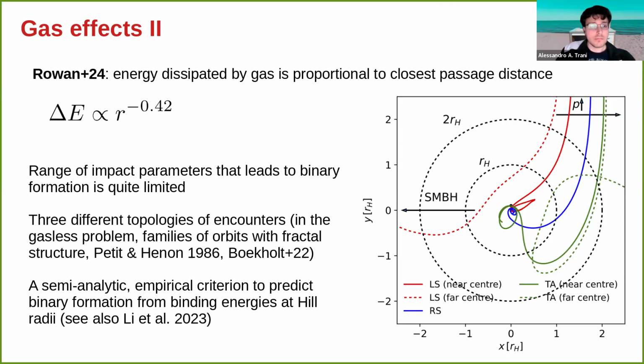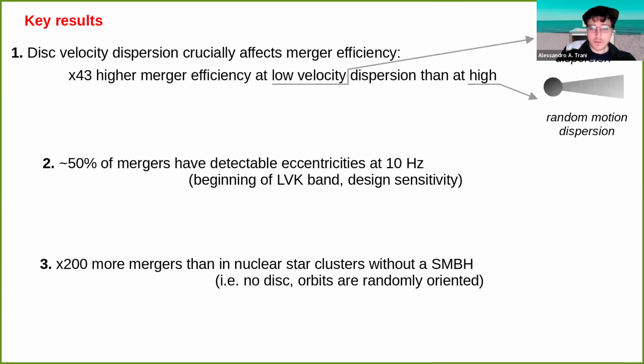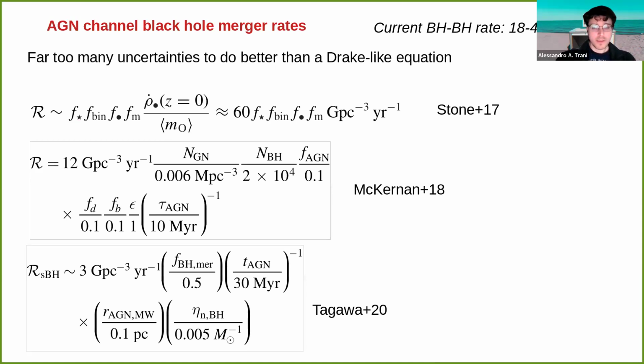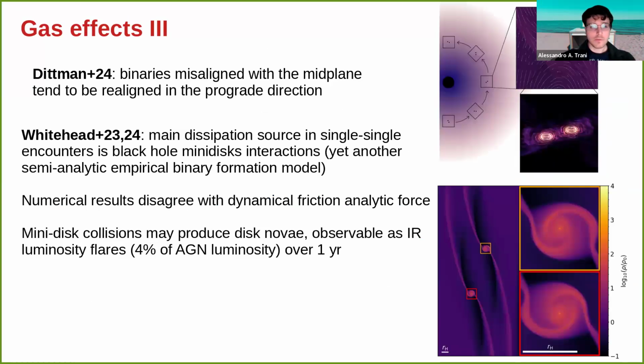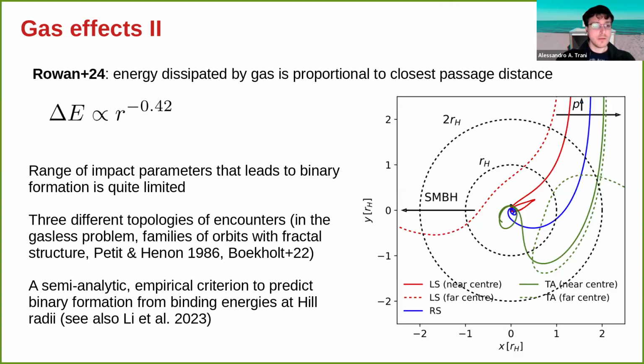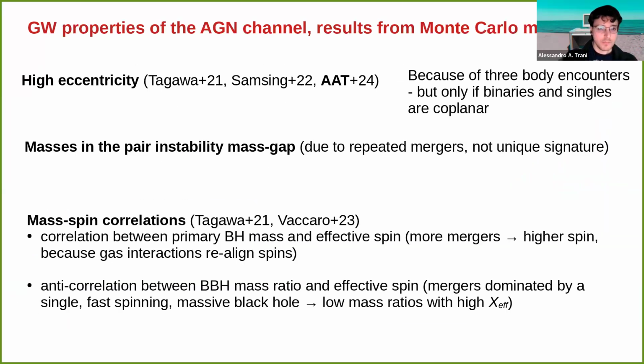So what I cannot say, because this is not work I've done personally, is what some people have done, again with these Monte Carlo models, by parameterizing the efficiency of gas hardening, so the efficiency of how the gas impacts the evolution of binaries.